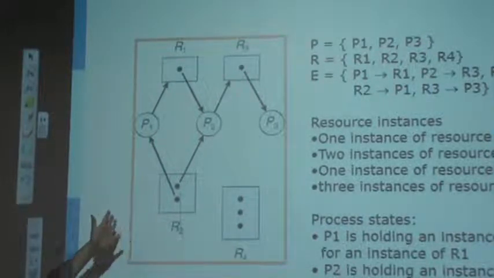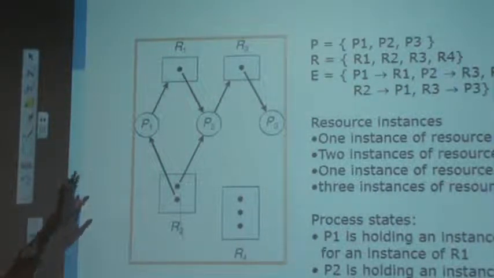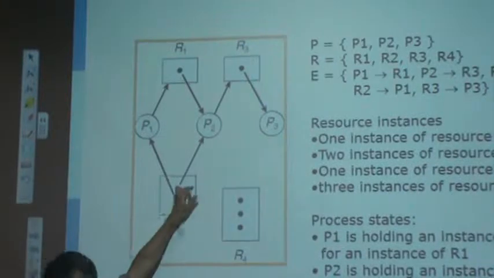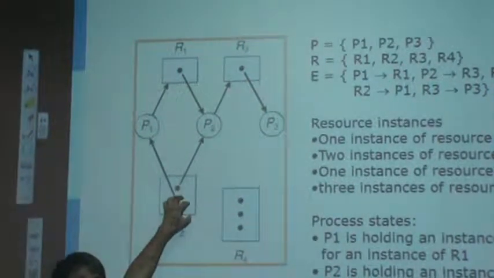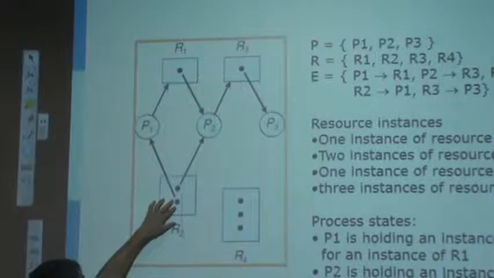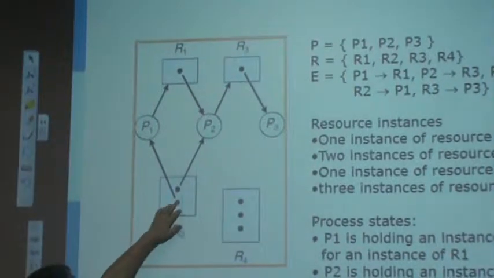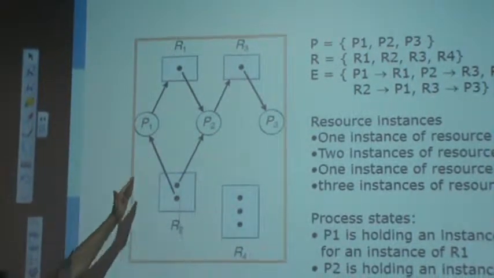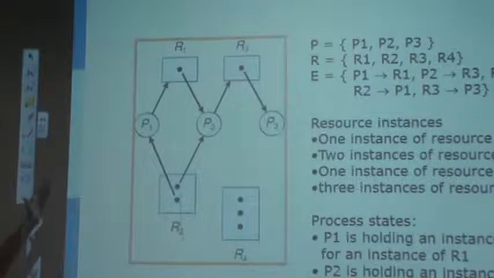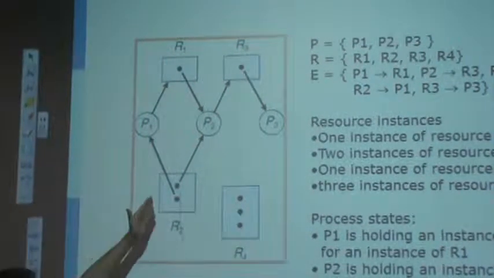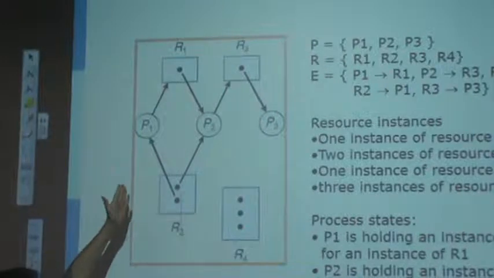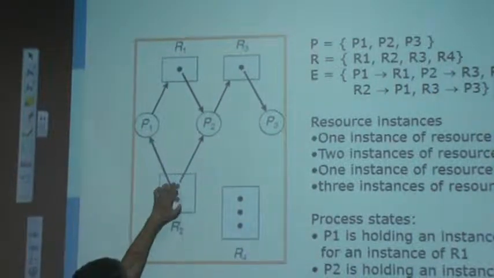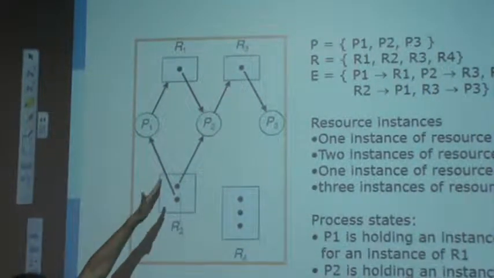So this means process 1 is currently holding an instance of resource 2, but requesting resource 1. At the same time, process 2 is holding resource 1 and also holding resource 2, then requesting resource 3.